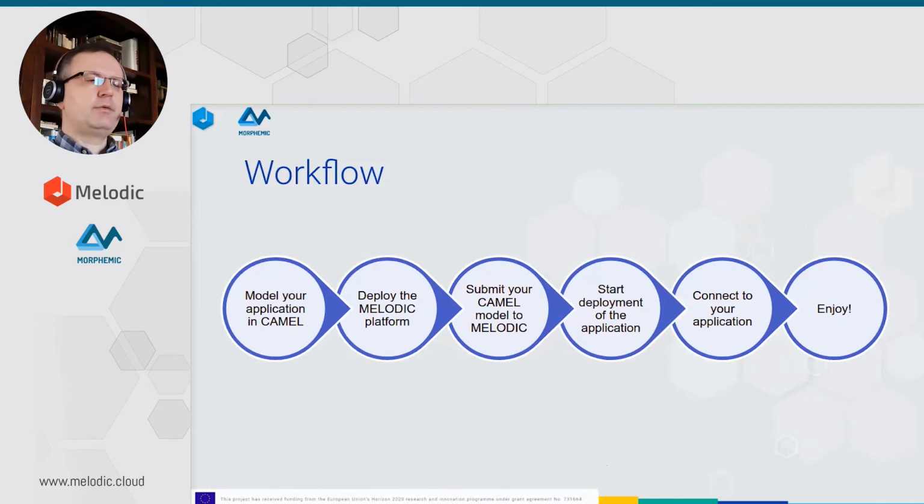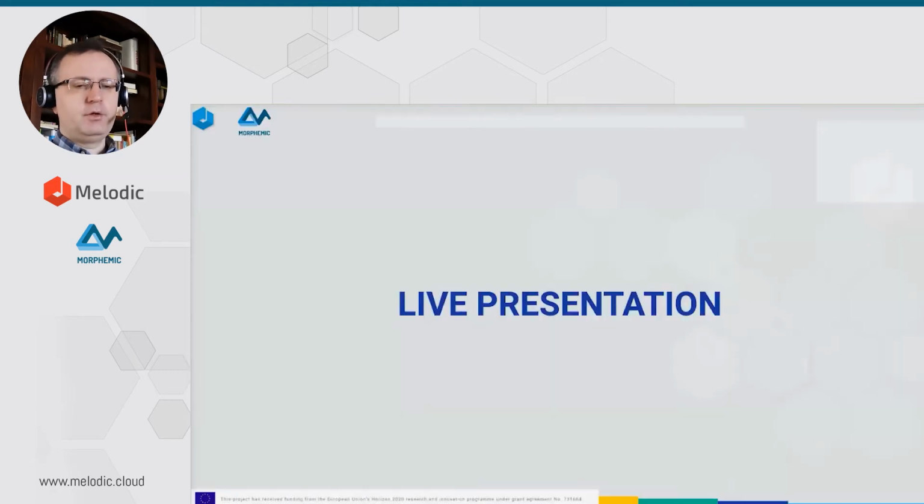Then Ala will show how to submit the CAMEL model to Melodic and how to start the application deployment. Then everything is done fully automatically, and at the end, you can connect to your application and enjoy. So now it's time for the live presentation.